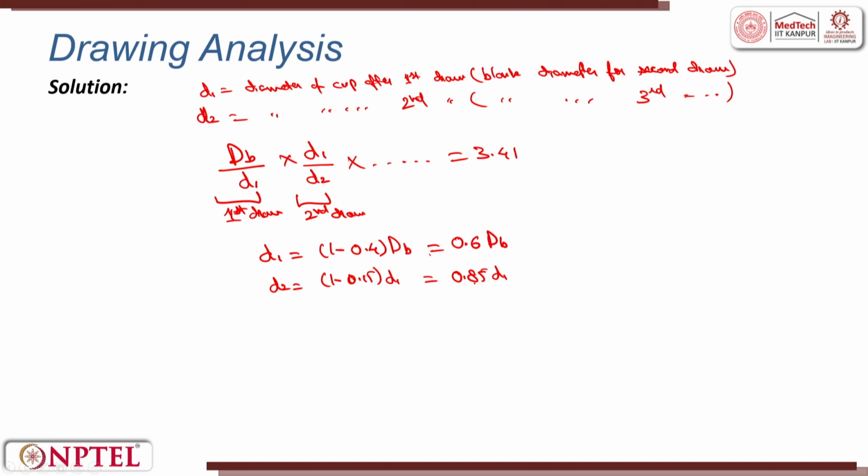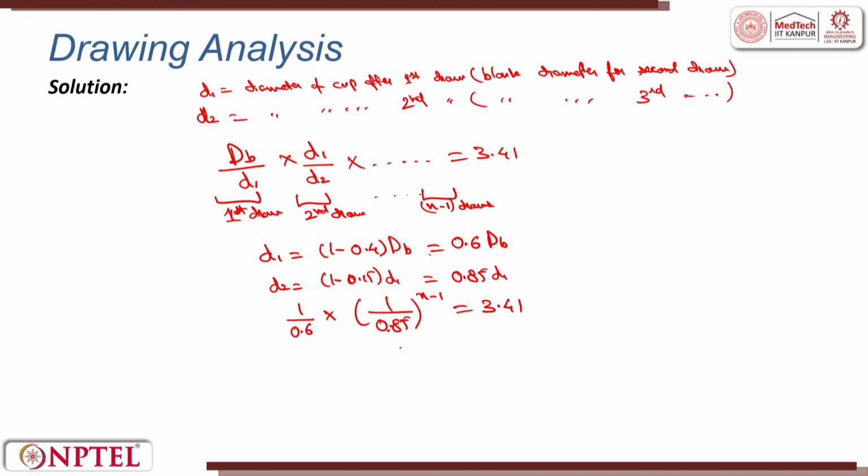Putting these values here, because there are n minus 1 stages, draws or n minus 1 stages, I will put it as a geometric progression 1 by 0.6 into 1 by 0.85 per n minus 1 is equal to 3.41.